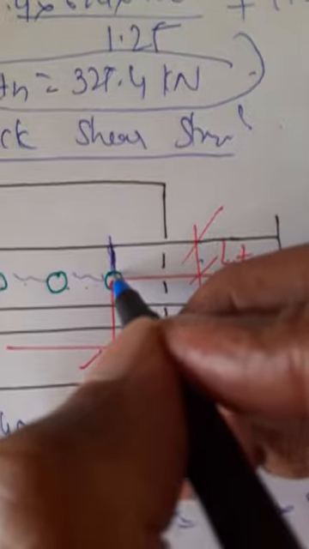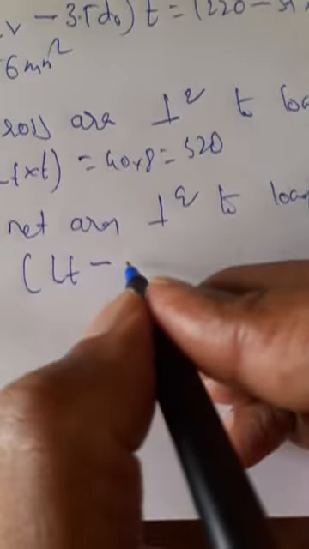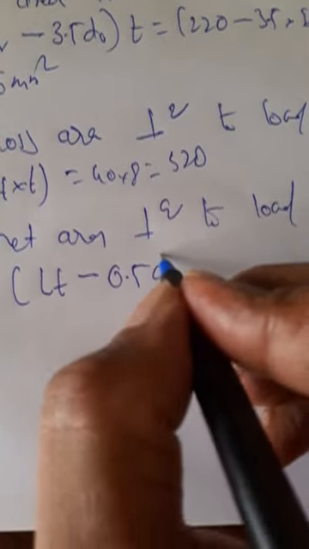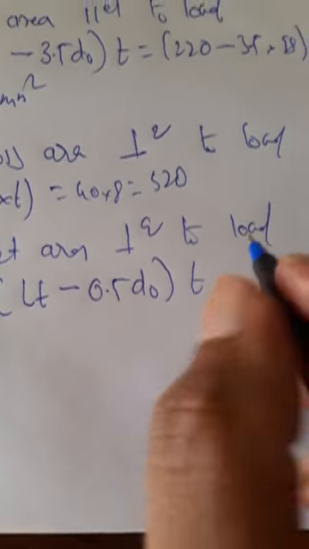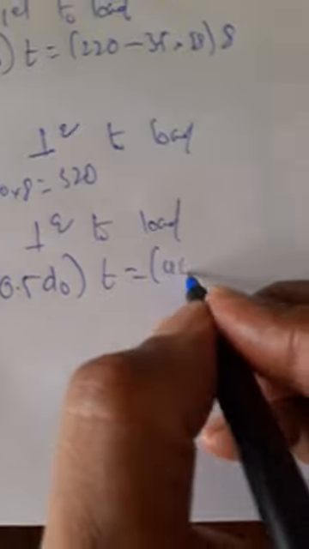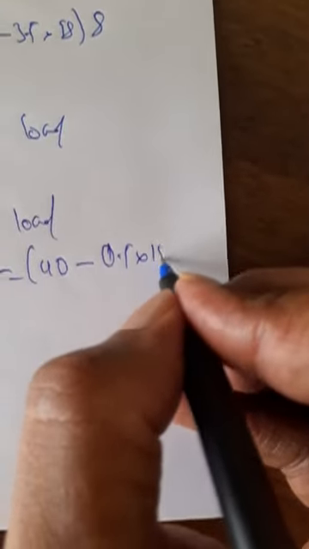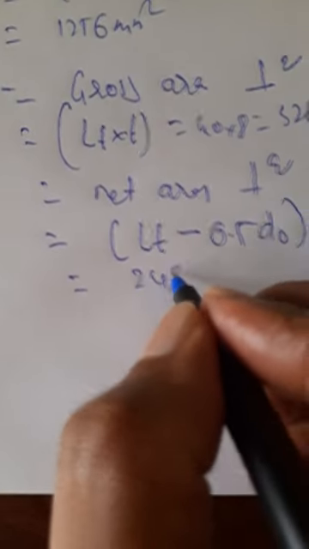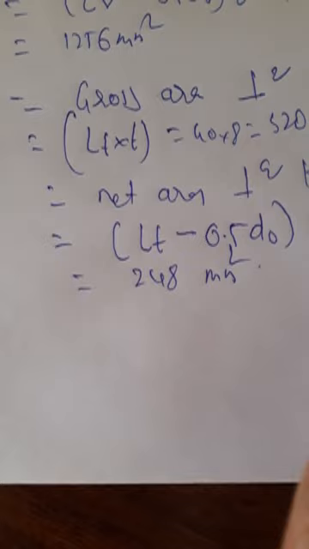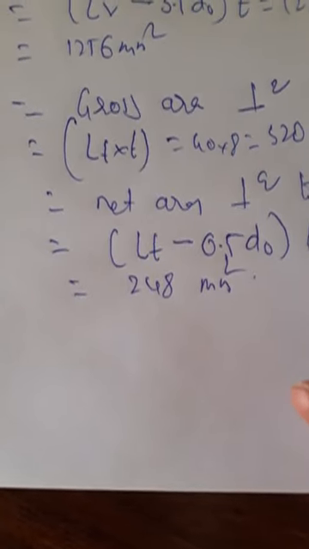So LT minus half the bolt hole, LT minus 0.5 d naught into T. So 40 minus 0.5 into 18 into 8. So we have the answer 248 mm square. I have found all the values.